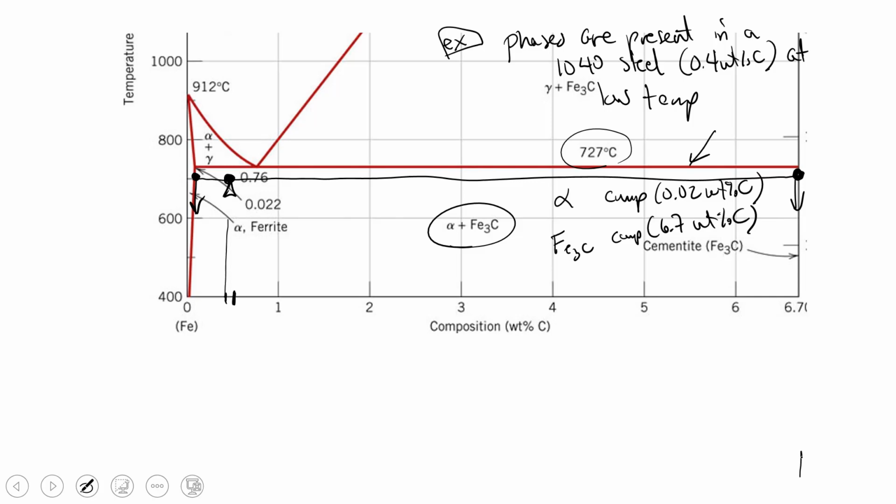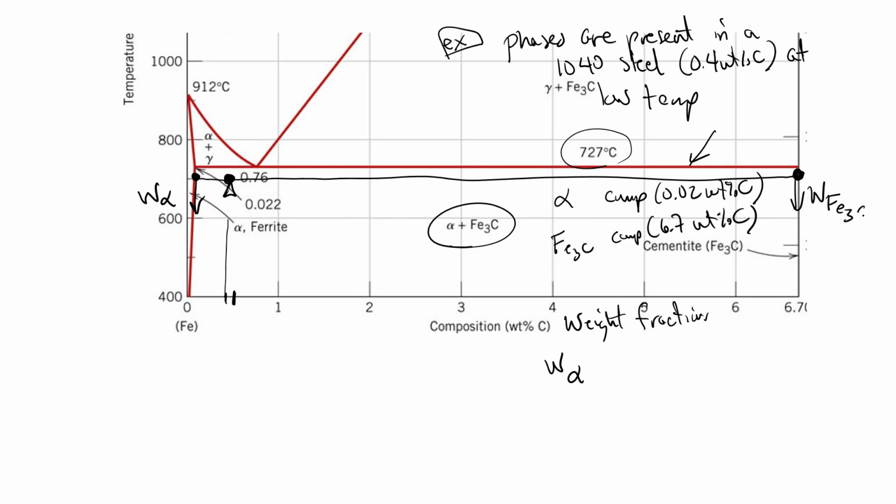That's the weight fractions, or amounts. The weight fraction of alpha is just the opposite side, here's alpha on that side, over the total. You can see just by looking at this, there's going to be a lot more alpha than Fe3C. If you plug in the numbers, the opposite side length is 6.7 minus 0.4 over 6.7 minus 0.02.